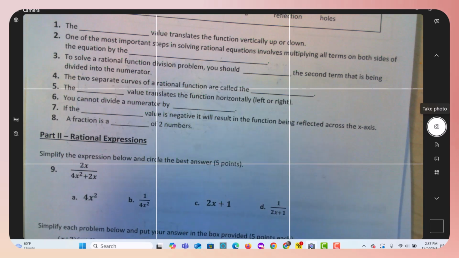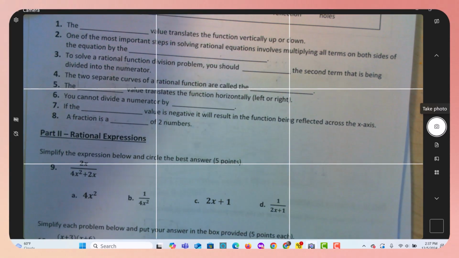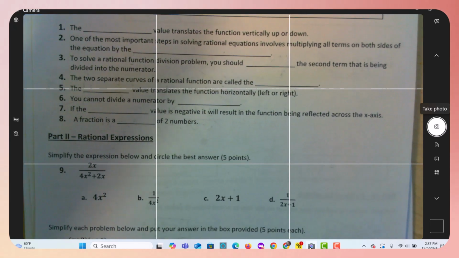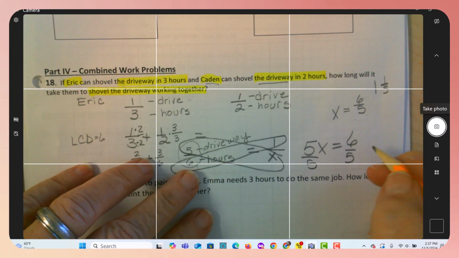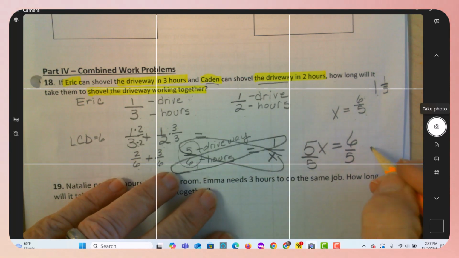Let me get my problem back here. Where is it? Here it is. Alright, so 6 divided by 5 is 1 1/5, or if you use a calculator, it's 1.2.